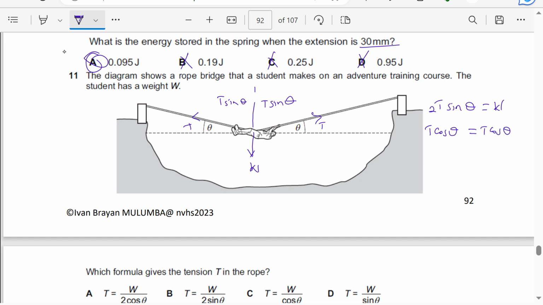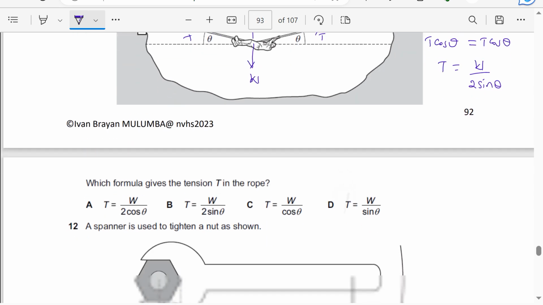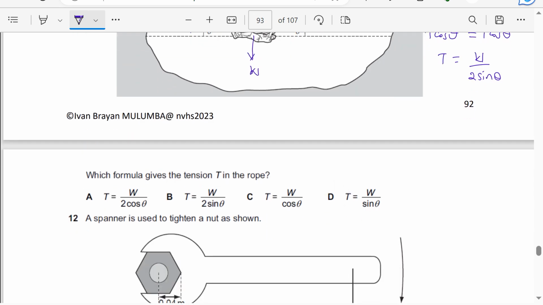So this one cancels out, in the horizontal there is equilibrium. So when I make T the subject here, T is going to be W over 2 sine theta. So the question is, which formula gives tension in the rope? So T is going to be W over 2 sine theta, which makes the answer B.